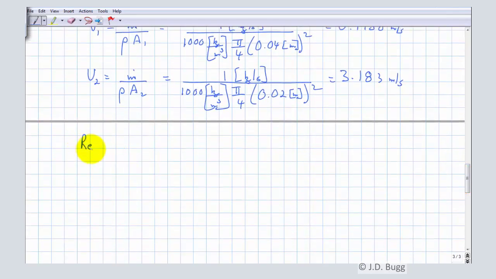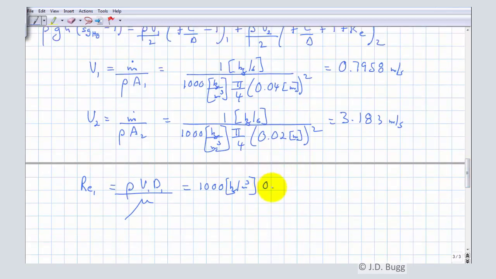So the Reynolds number in pipe 1 is going to be equal to density times V1 times D1 over mu. So that's 1,000 kilograms per meter cubed is our density. V1 we just figured out, 0.7958 meters per second, and D1 is 4 centimeters, so 0.04 meters.